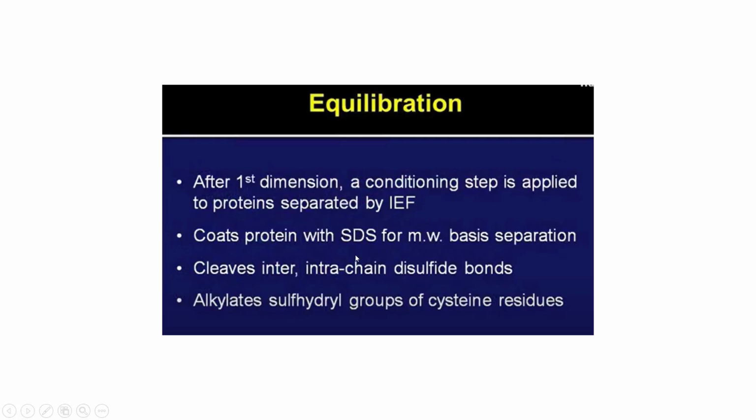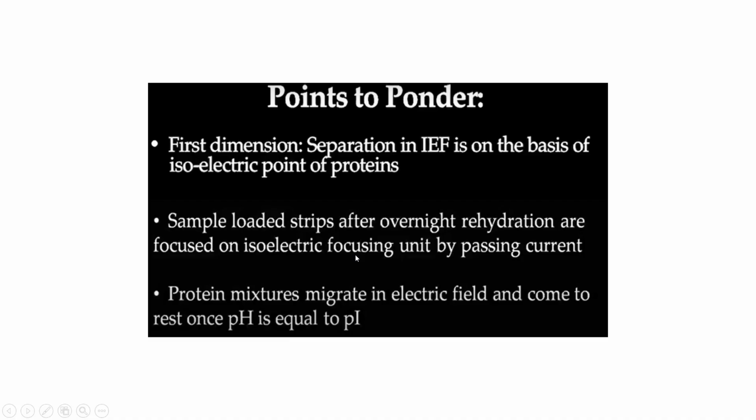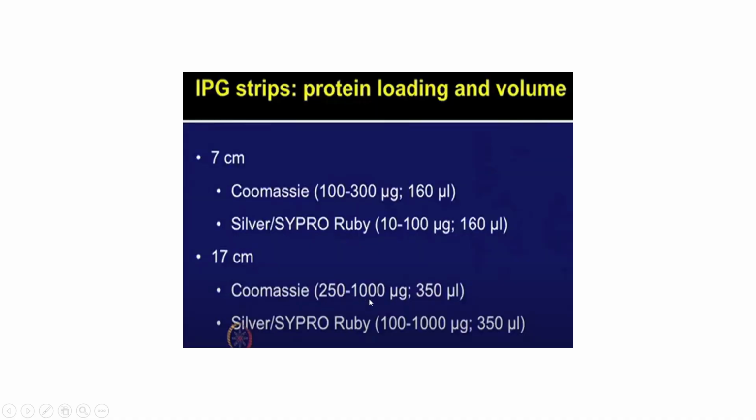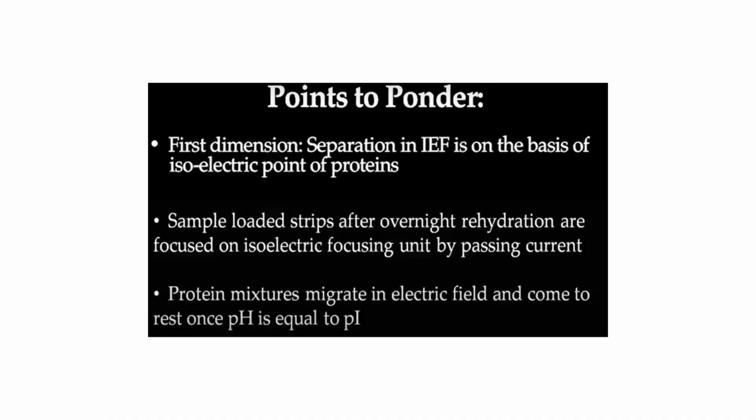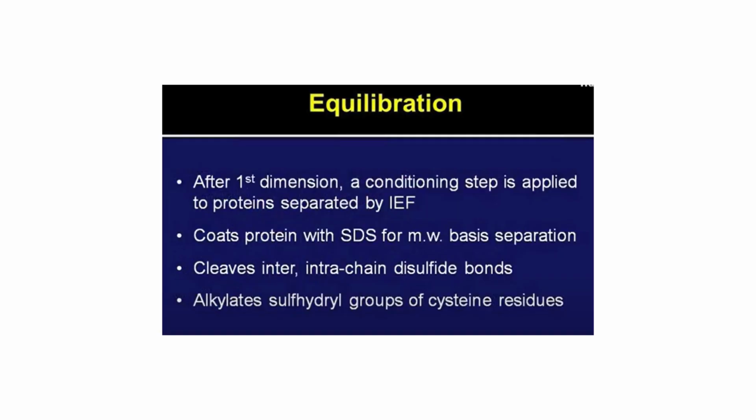So now it will give a negative charge to all the proteins. Initially there was no charge, right? Because they stopped when you did isoelectric focusing. So now those specific proteins will be treated with SDS so that they have a negative charge, and then they will be separated on the basis of molecular weight.